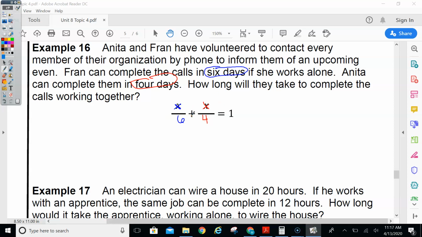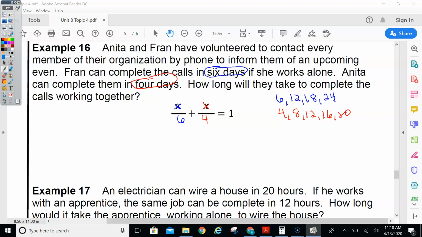So we're going to add them and make it equal to 1 because they're still just doing the job of calling out the numbers. Okay, so we want the least common multiple between 6 and 4. So 6 is 6, 12, 18, 24, so on. 4 is going to be 4, 8, 12, 16, 20.